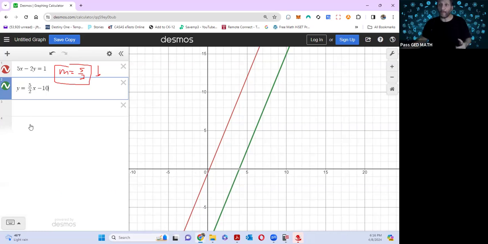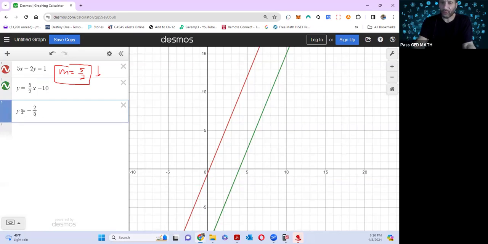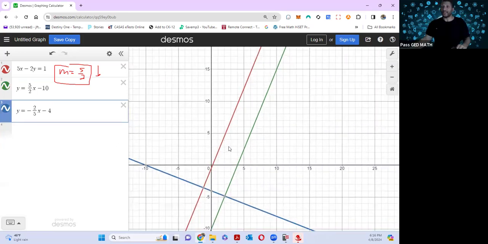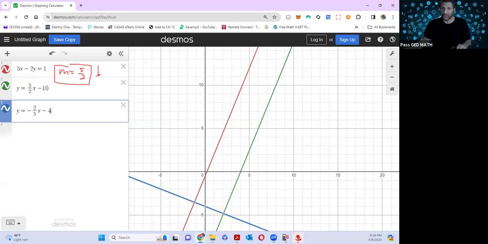So when we talk about perpendicular, which is the negative inverse, change the sign and flip. So -2 over 5x. It doesn't matter what I put there, -4, -3, -2. If you notice, as that line crosses those other two lines, it forms a 90-degree angle. It forms an L. Okay?